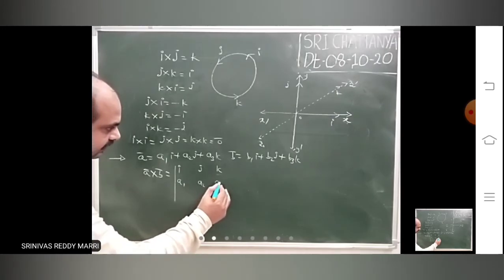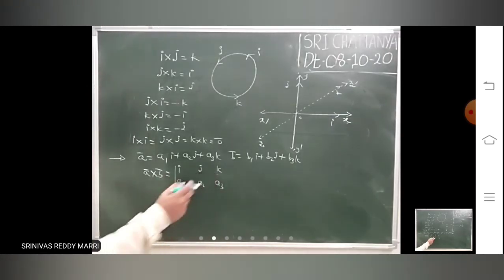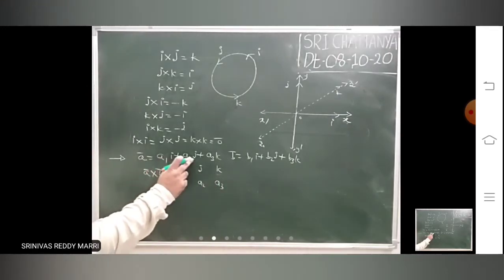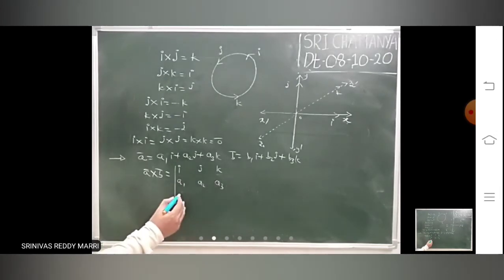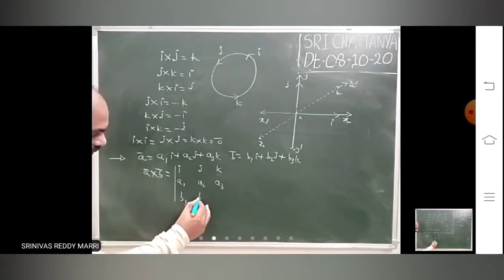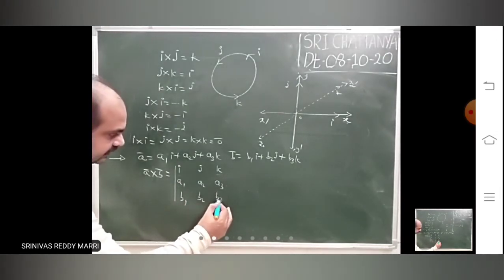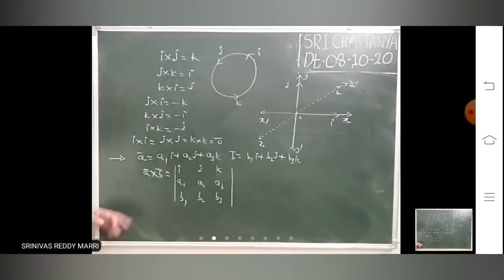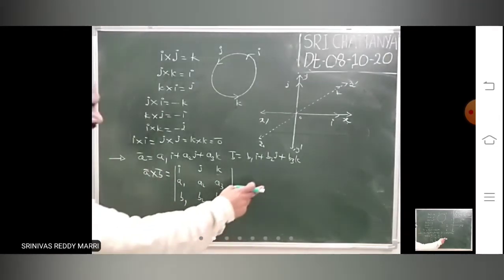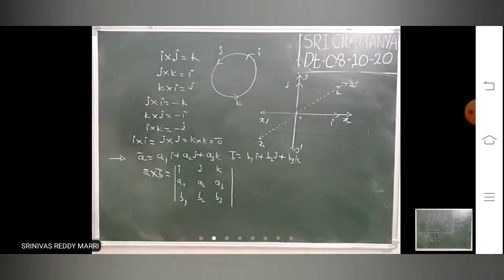In the first row i, j, k, in the second row A1, A2, A3, in the third row B1, B2, B3. After calculating the vector, you can calculate modulus of A bar cross B bar, which is the magnitude of that vector. That is how to calculate A bar cross B bar, a vector. Look at one problem.